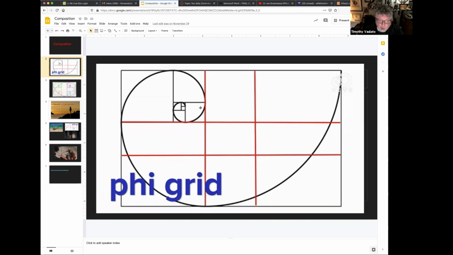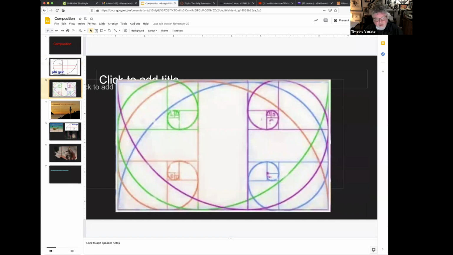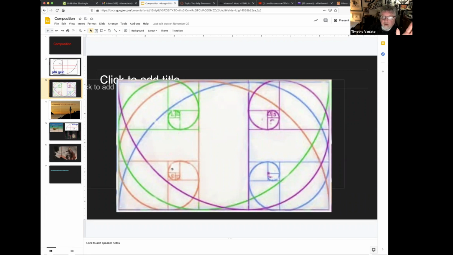Now, this is but one area the golden ratio could fall on. If you flip the golden ratio or turn it upside down, you would realize you have one, two, three, four possible areas that your main subject could sit on to become interesting or to draw the eye through the image.